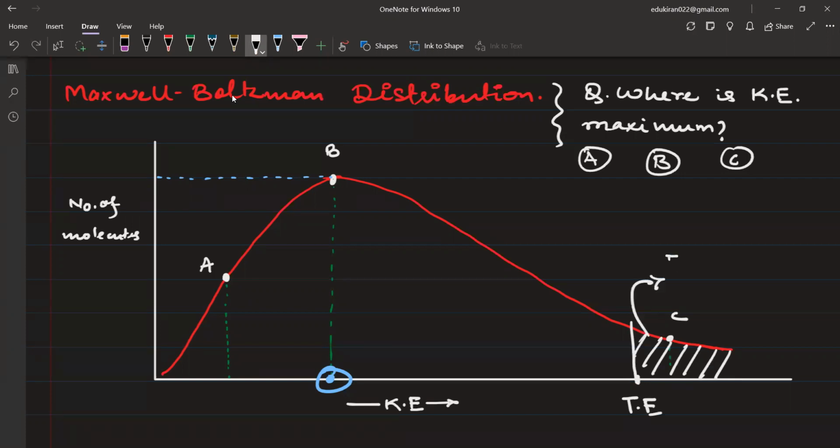This will be the fraction of molecules with energy that is higher than threshold energy.